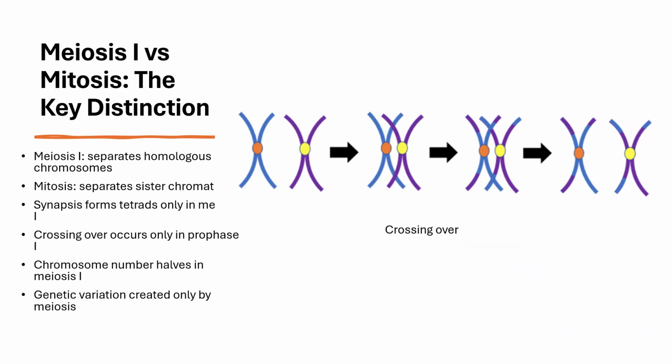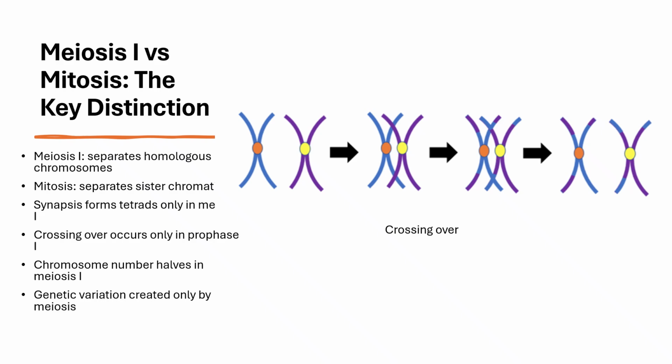The most important distinction between mitosis and meiosis occurs during meiosis I. In this phase, homologous chromosomes pair up in a process called synapsis and then separate into distinct cells. This pairing never happens in mitosis, which deals only with sister chromatids.